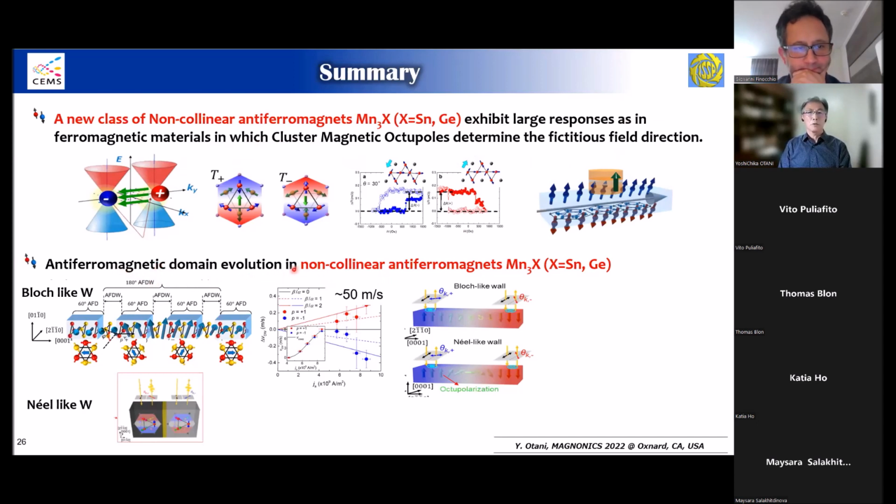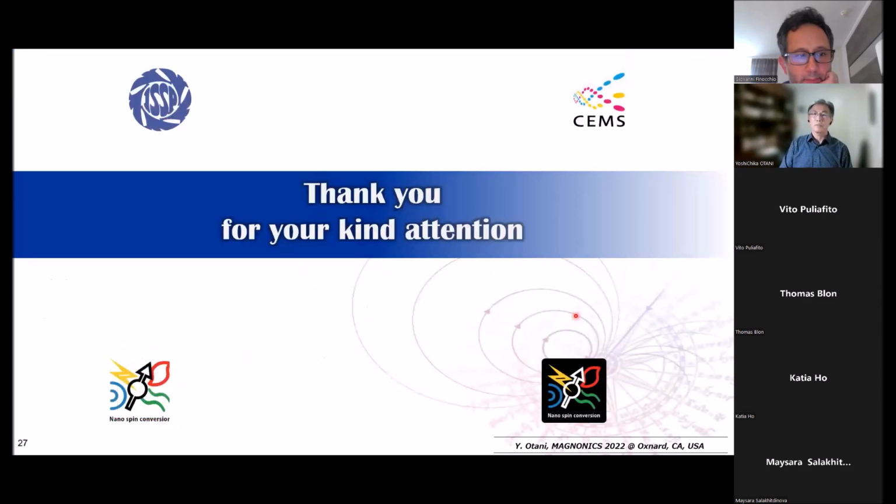We studied antiferromagnet domain wall evolution in non-collinear antiferromagnets manganese 3X, and found that it moves in creep motion, 50 meters per second. But now, by using a magneto-optical method, we can reach much larger speed, close to 1,000 meters per second, 750 meters per second or so. Thank you very much for your kind attention.